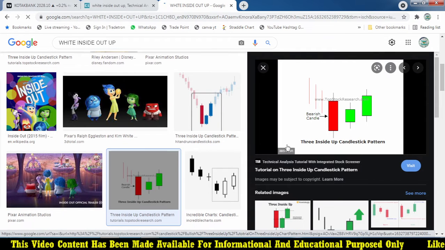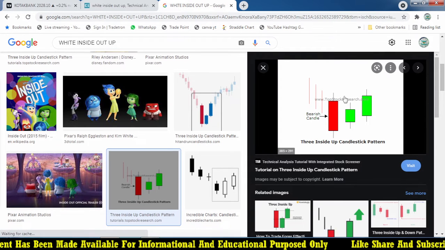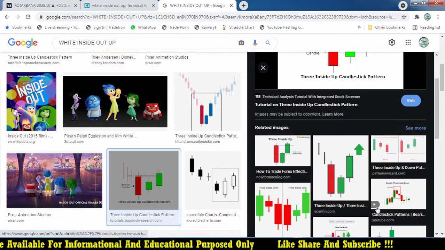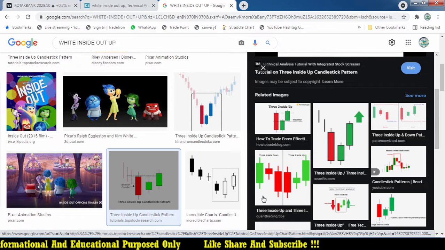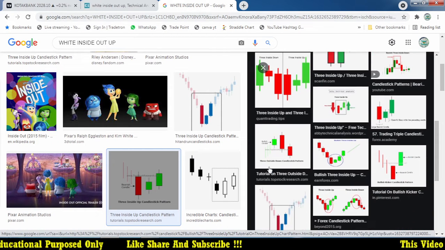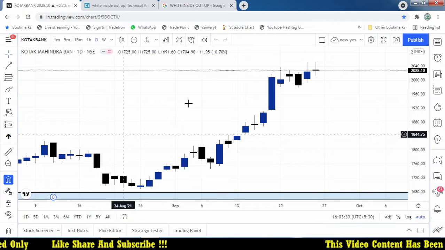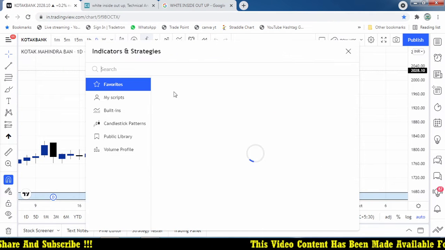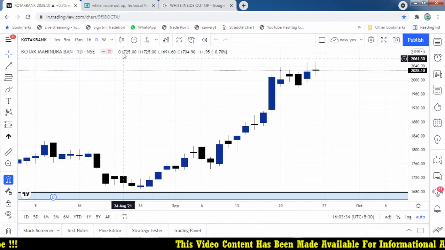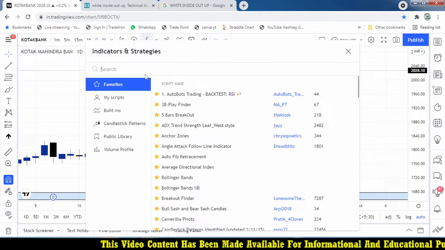Let's see how the white inside out candle looks. I tried a Google search but couldn't find it. It should look somewhere like this, a three inside but without this candle, and that would be the white inside out. When that kind of candlestick forms in the market, we take it, but it is not here. Let me show you the candlestick pattern.